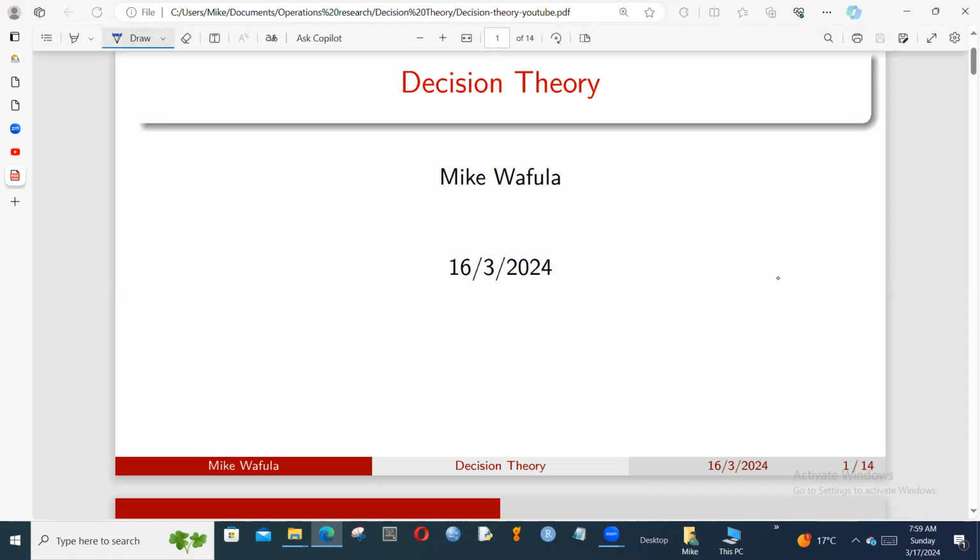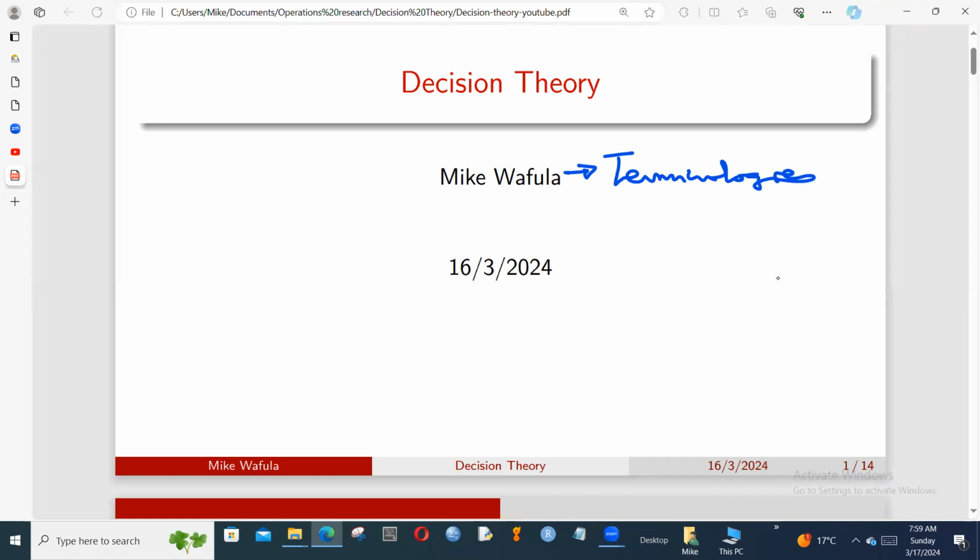In this technique, we want to look at some definitions of terminologies that are encountered when you're looking at decision theory. We shall also be looking at different ways of making decisions under different conditions. The first condition we shall be looking at is under conditions of uncertainty.